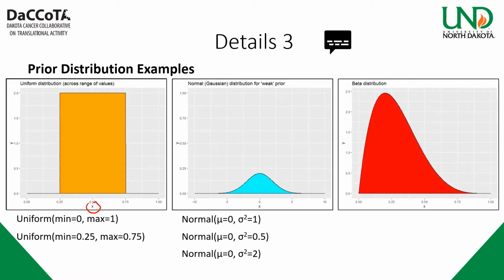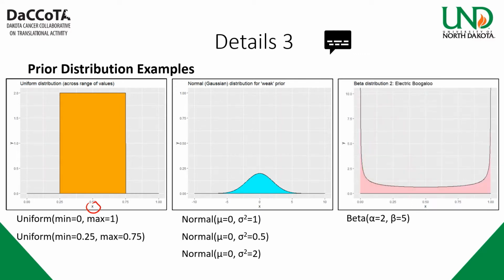Now, on the other hand, we're also shown beta, and this is a very flexible one. It can be both symmetric and asymmetric. For example, here, if we have shape parameters 2 and 5, you can see that's asymmetrical, that this right side here trails off a lot more. We could have Beta Distribution 2: Electric Boogaloo, in which we actually have this U-shape. We could continue on with the franchise.